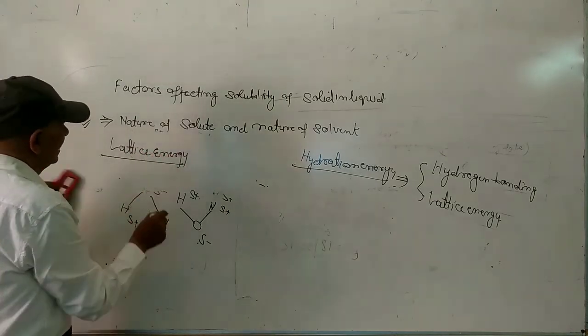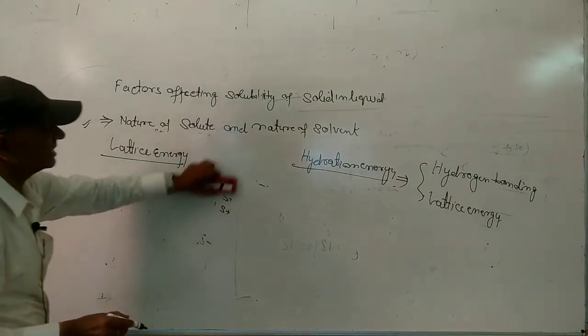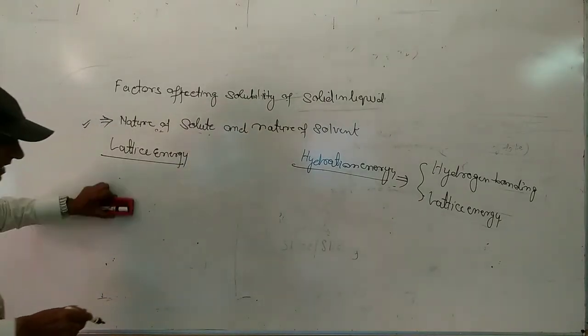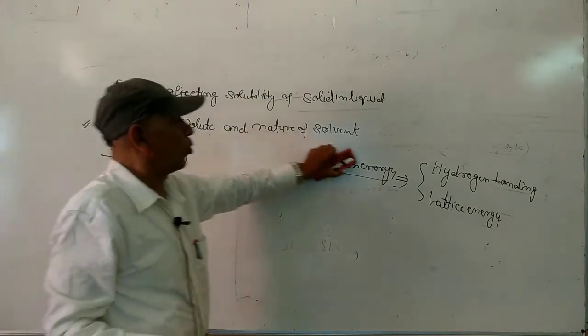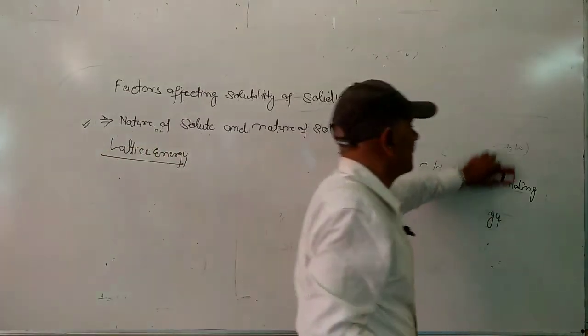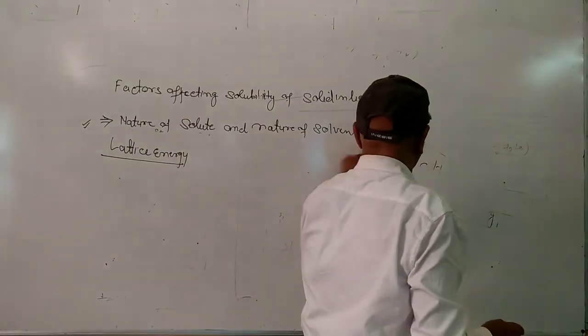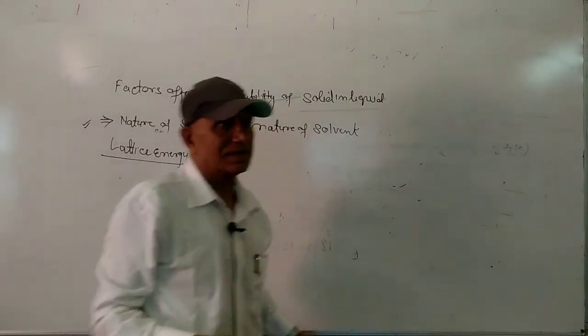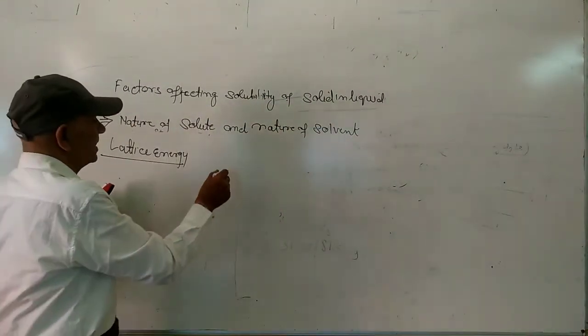Lattice energy is the amount of energy released, that is the change in enthalpy, when 1 mole of the ionic compound is formed from the requisite number of ions.